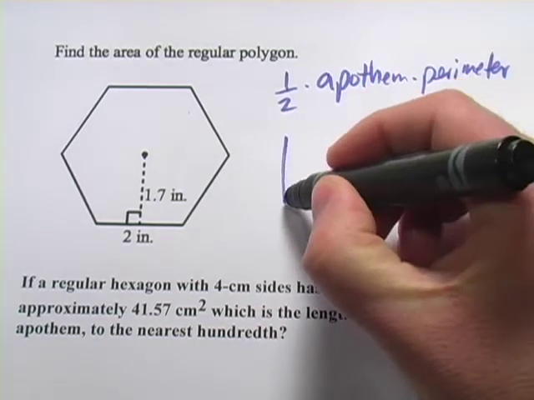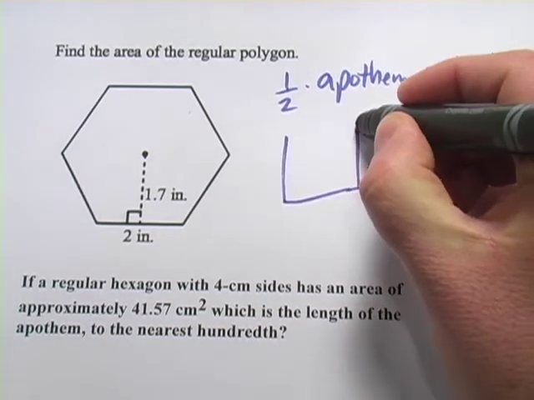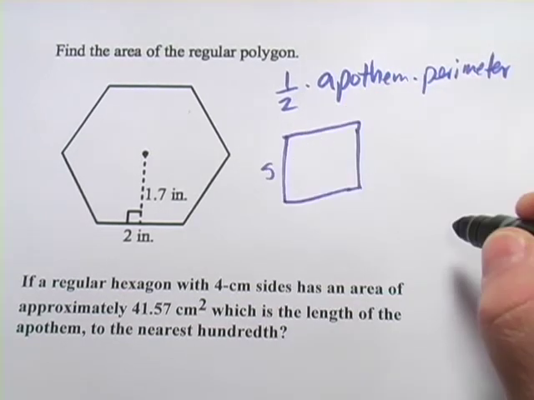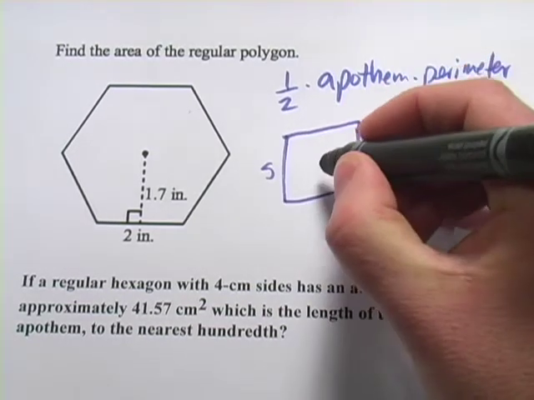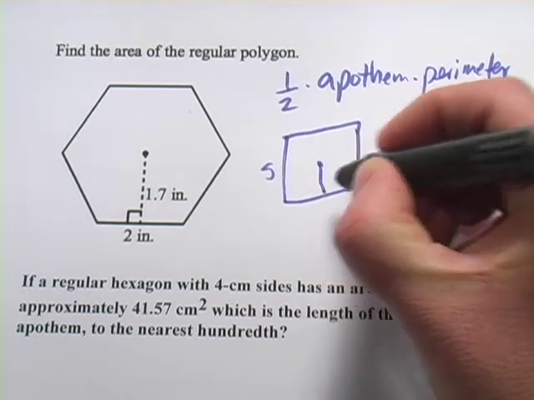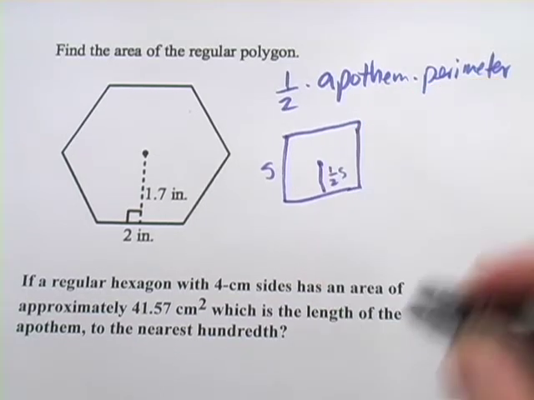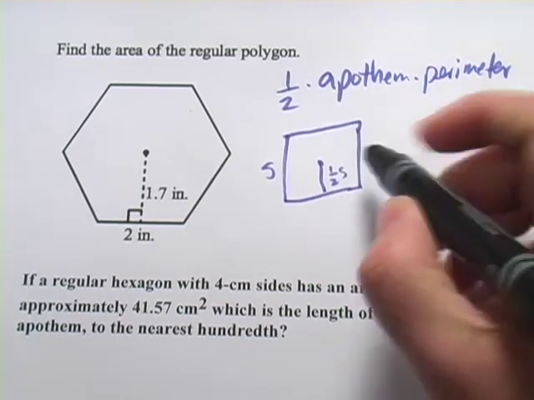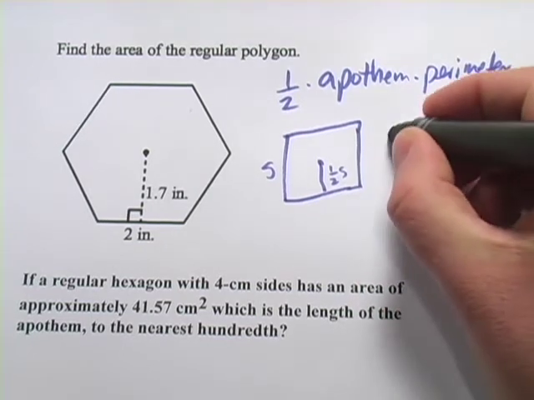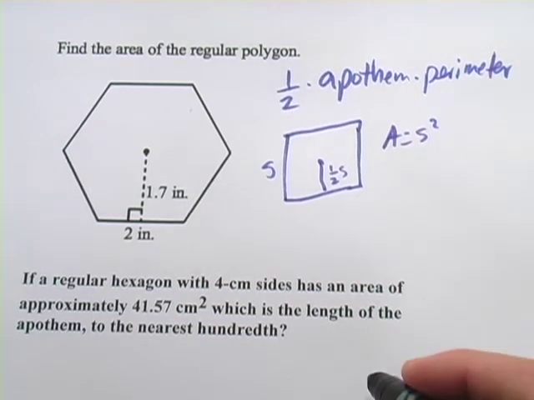And think about this with a square. So if you've got a square, you've got sides of length s here, and the apothem is going to be 1/2 s. So let's just verify that this formula actually works with a square. We know that the area of a square equals s squared.